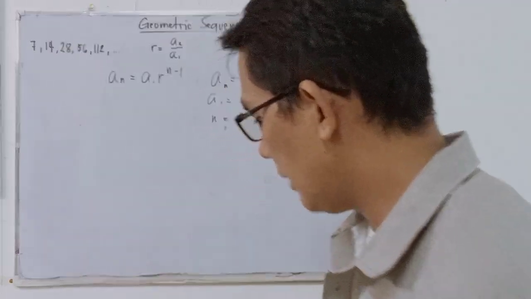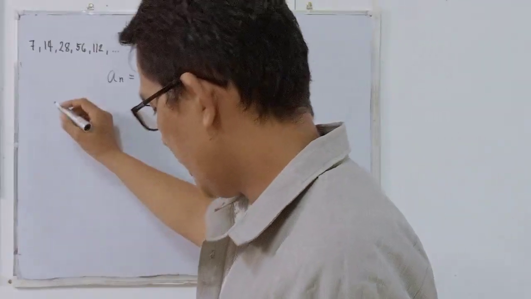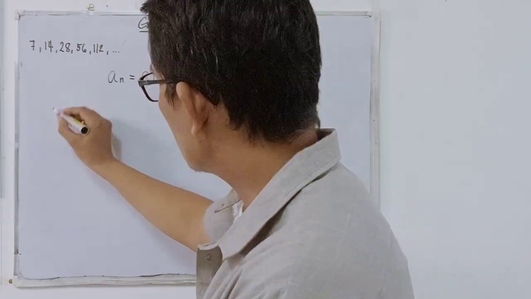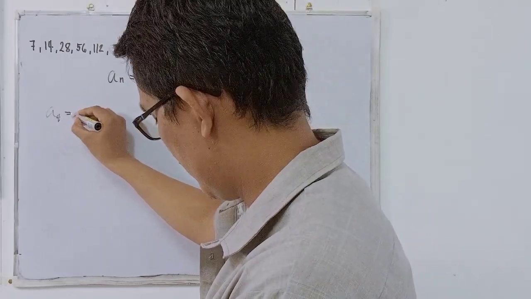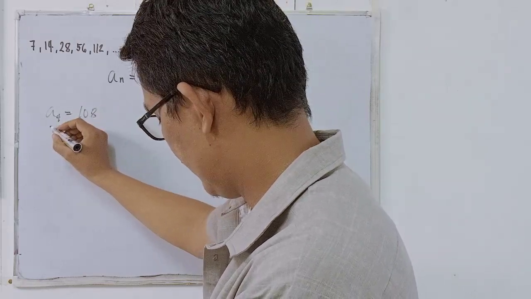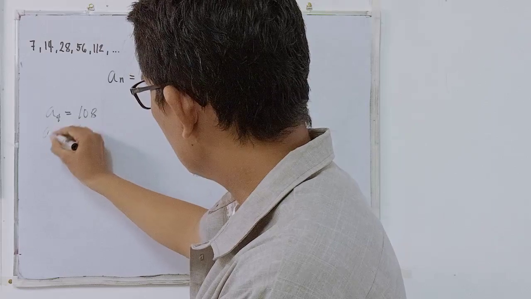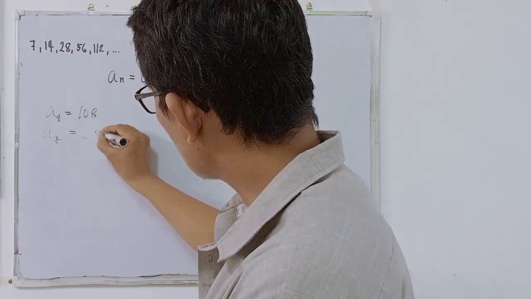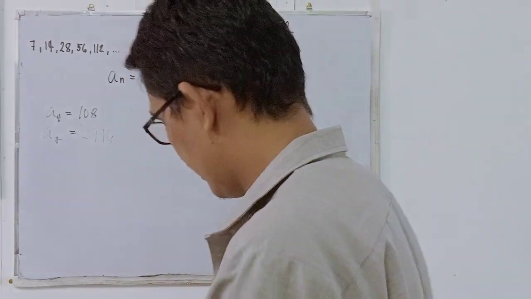Now, for our next problem is this. If we have the fourth term is 108, and the seventh term is 2,916.